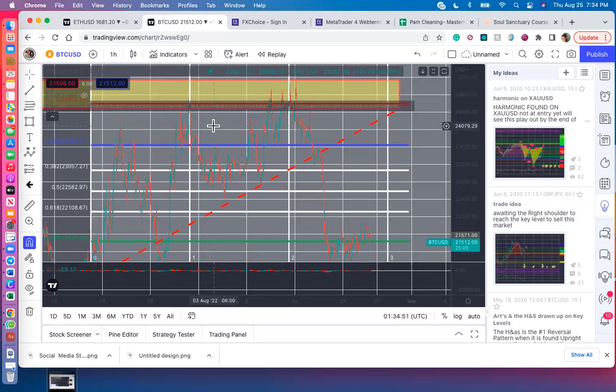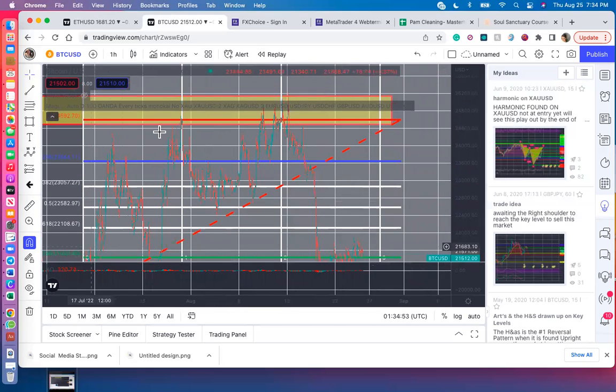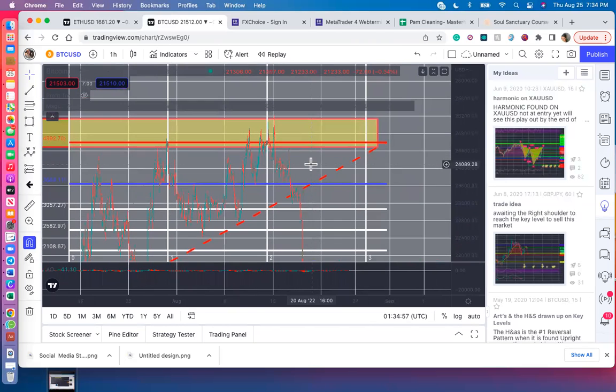But we can see that it's doing the same thing, right? Look, you would have entered right here and you just would have set your stop loss a little bit higher because this one gave us a stop hunt, looks like right here. So you would have had to just set your stop loss a little bit bigger, probably 3, maybe 4, maybe 500 pips, right?